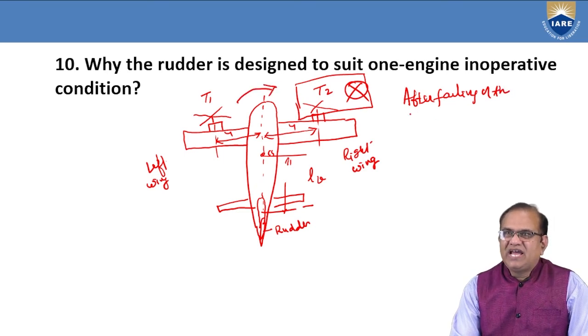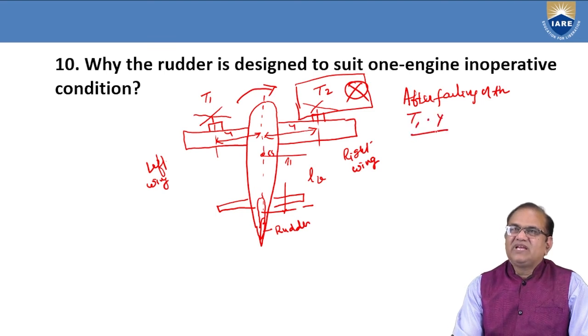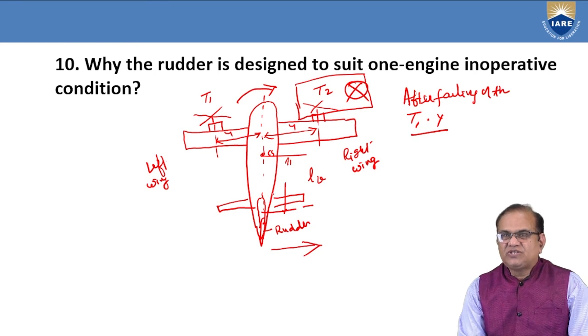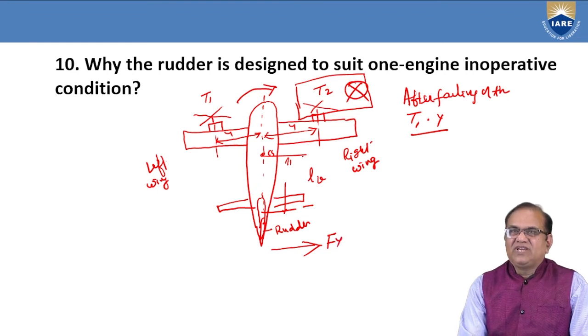It is clockwise, and this moment will be T1 into Y. Due to this moment, the aircraft will try to go towards the right side. So how can we counter this? We have to generate a force in this direction. So this force into this LV. We have to generate a force Fy into LV.